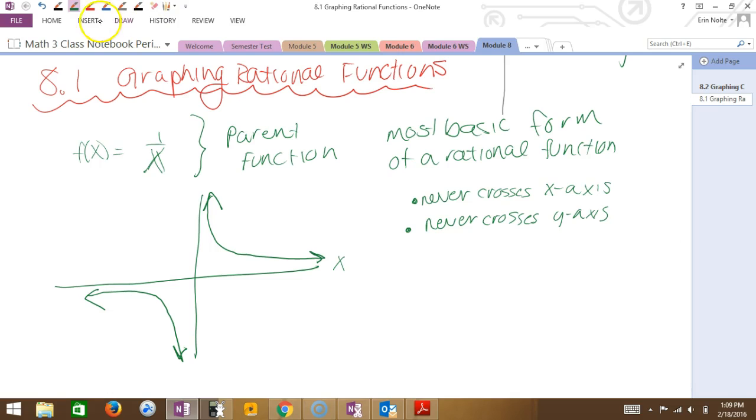So, believe it or not, we have a name for when something never touches but gets closer and closer and closer. Okay? So these are called asymptotes. Asymptotes, that's how you say that.